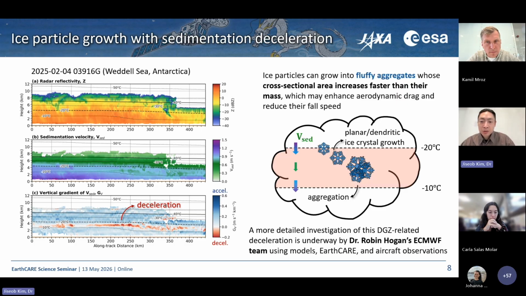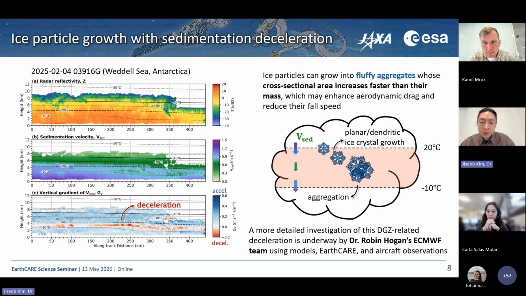So in this kind of growth process, the particle cross-sectional area increases much faster than particle mass, so the particles become more like a small parachute. They experience much larger air drag. So even though the particles are still growing, their fall velocity can decrease.